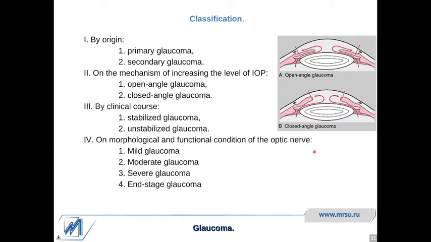It is open-angle glaucoma and closed-angle glaucoma or angle closure glaucoma. By clinical course, stabilized glaucoma and unstabilized glaucoma, and on morphological and functional conditions of the optic nerve, mild glaucoma, moderate, severe, and end-stage glaucoma.